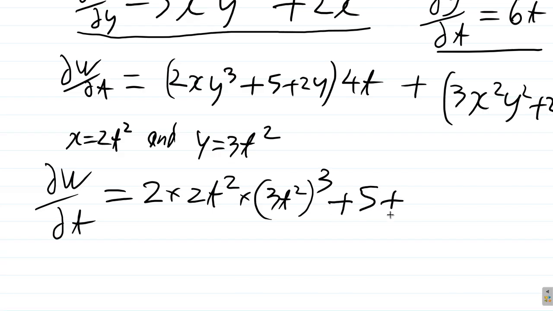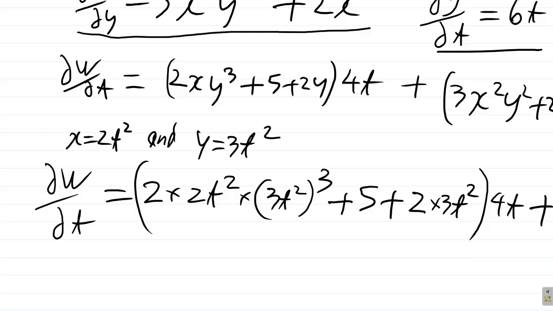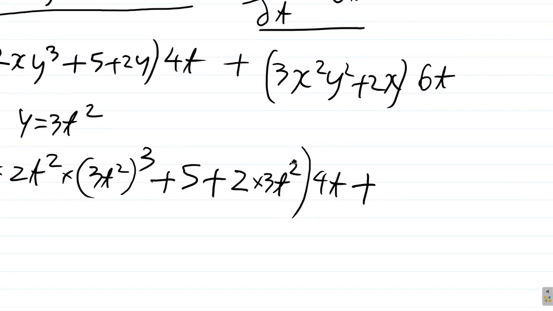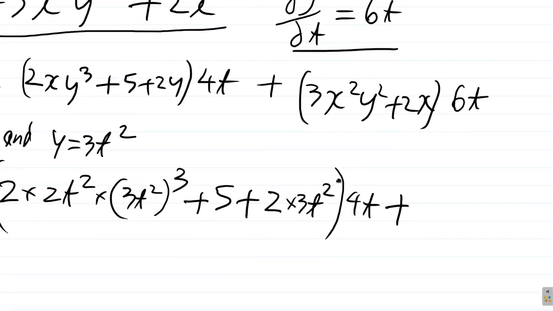Plus 5 plus 2y. Going to be 2 times 3t squared, all of that times 4t, plus, this is what now, 3x squared y squared.